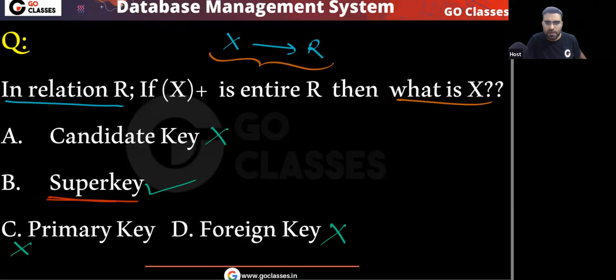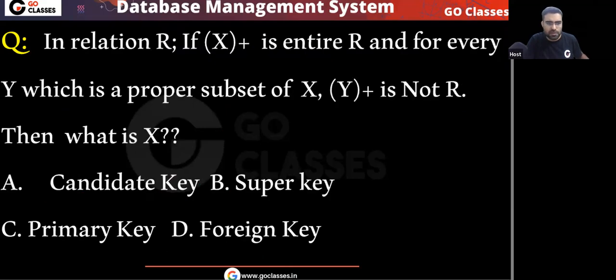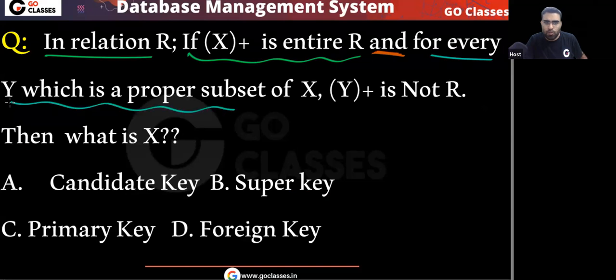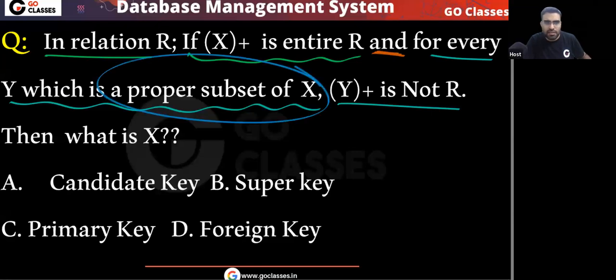Very simple. Now, tell me the answer for this question. In a relation R, if x plus is entire R, means x can determine all the attributes, and for every y which is a proper subset of x, y plus is not R, means if y is a proper subset of x, then y cannot determine all the attributes. So what is x now?